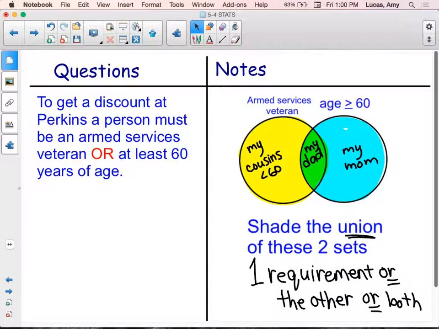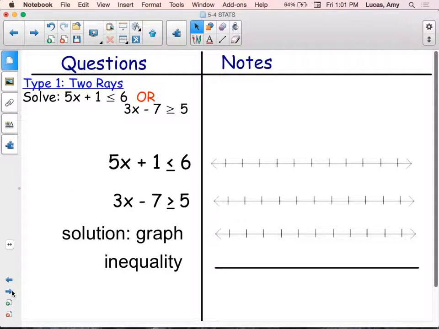So a union is like uniting together so that it's not being so selective. So intersection, more selective, just where they overlap. Union, uniting together two groups, including all of them. You only have to be one of the things for it to matter.